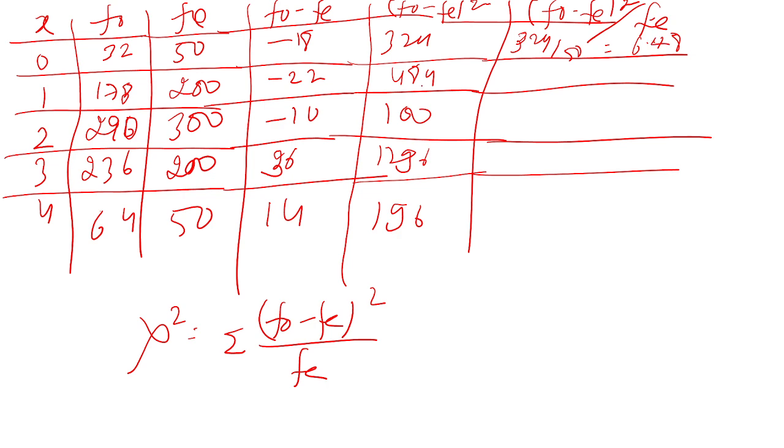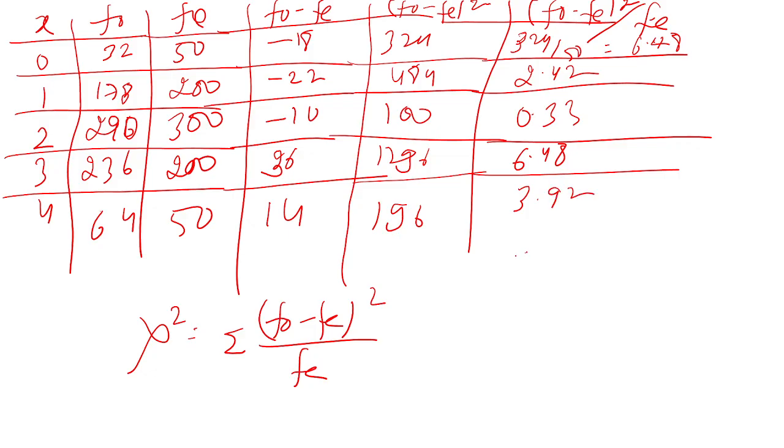Then 484 by 200 gives 2.42. 100 by 300 gives 0.333. 1296 by 200 gives 6.48. Then 196 by 50 gives 3.92.